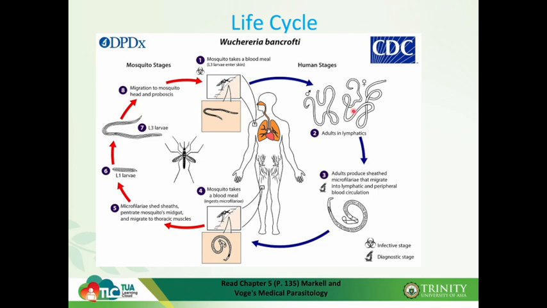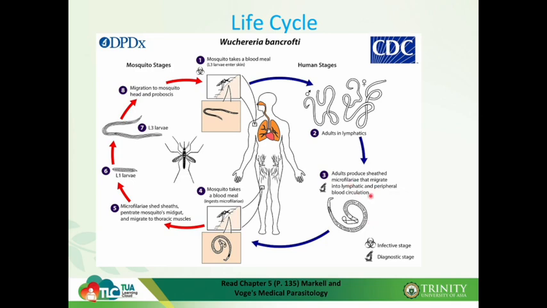For Wuchereria bancrofti, we said that the habitat is the lower lymphatic system. Okay, so lower na sa may mga paanan. Ayan, lower lymphatic system. And so, the male and female adults, kapag nag-mature na sila, will fertilize and copulate and produce the modified eggs called microfilaria or microfilariae.